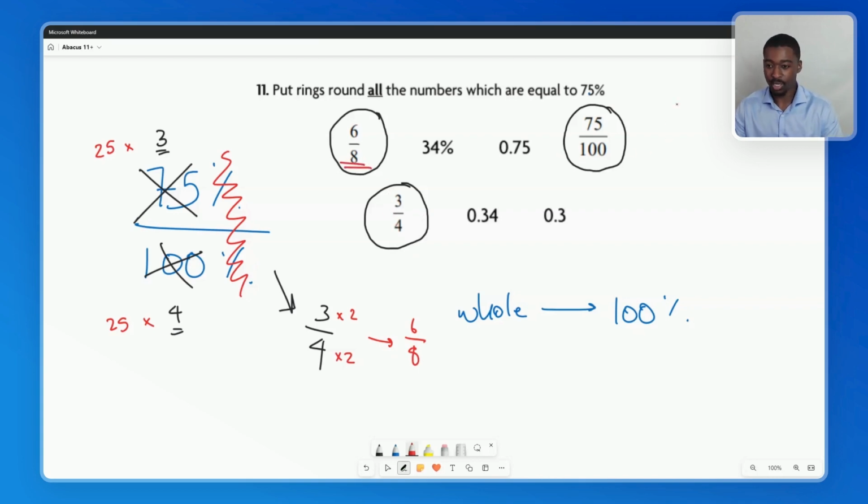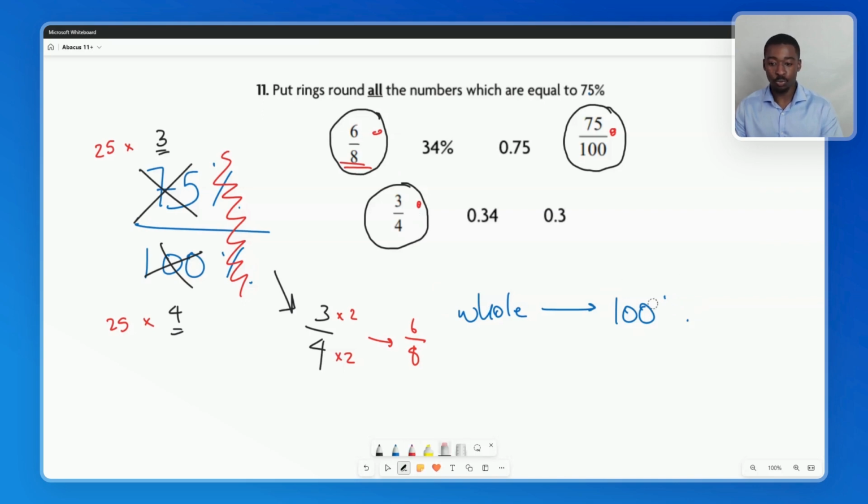The same way if it was 60/80, again, 3/4 is simply the simplest form of 60/80. So those are the fractions that are equal to 75%: 75/100, 6/8, which can be 3/4, and of course, 3/4.